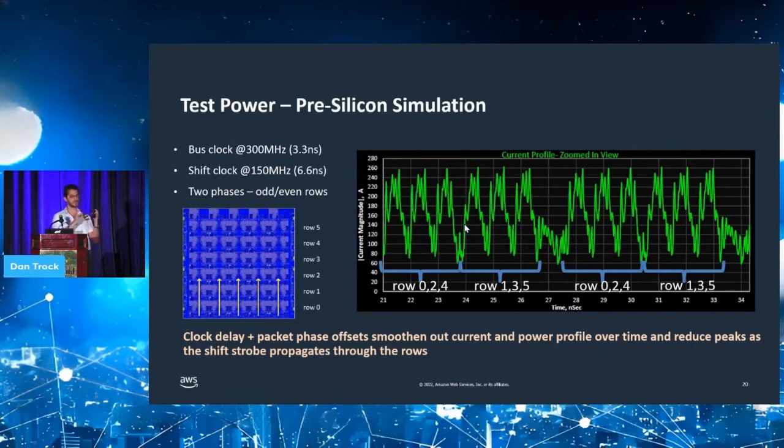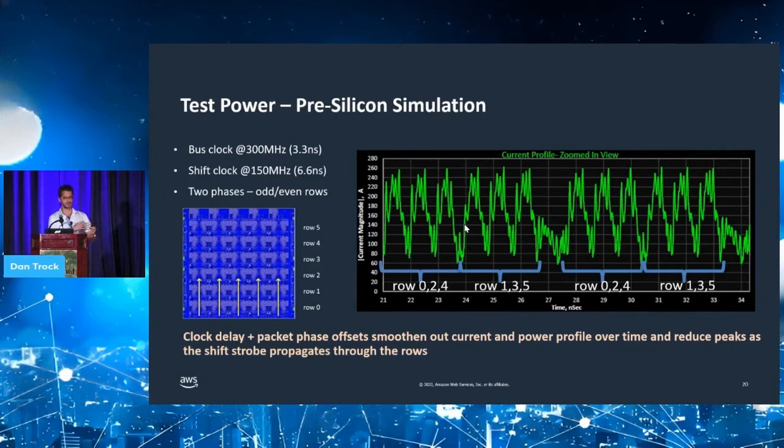We have 2 phases, 2 bus clock cycles, and half of the design is shifting in the first bus clock cycle, and the other half in the second bus clock cycle. So you see 6 peaks of current here, and each peak corresponds to a specific row in the design. In the first bus clock cycle, we see 3 peaks that correspond to the even rows, 0, 2, and 4. And in the second bus clock cycle, we see the peaks that correspond to the odd rows, 1, 3, and 5.